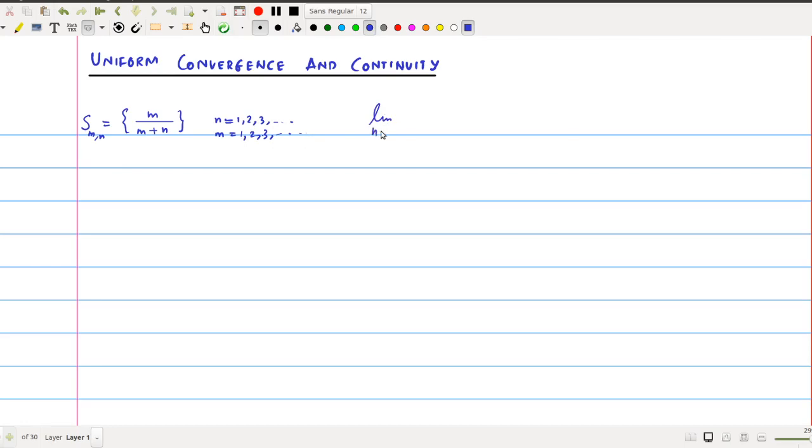One is the limit as n tends to infinity of s_mn, and you can also consider the limit as m tends to infinity of s_mn. So we can consider the limit as m tends to infinity of the limit as n tends to infinity of s_mn.